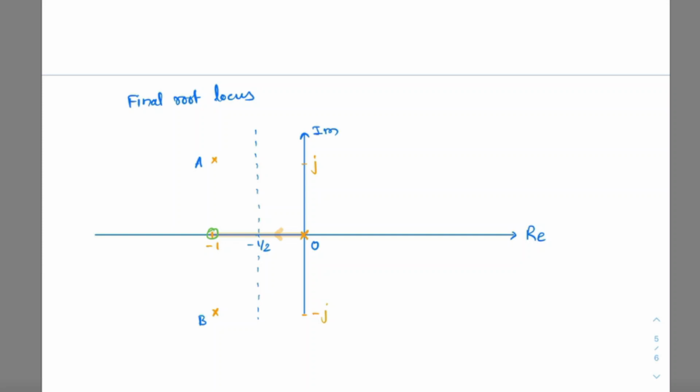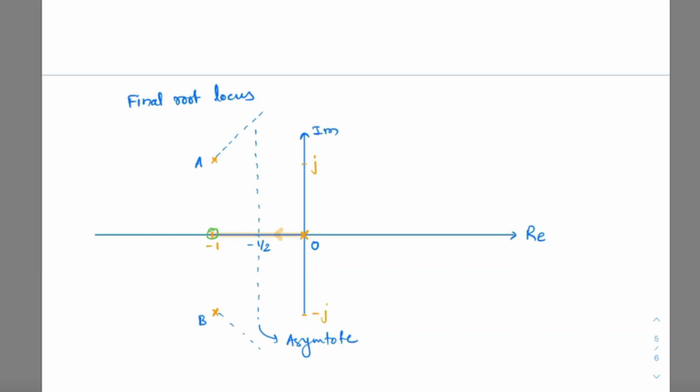Then we had the asymptote at -1/2, which is denoted here. Let's write that. And let's make the 45-degree angle, and the minus 45-degree angle.